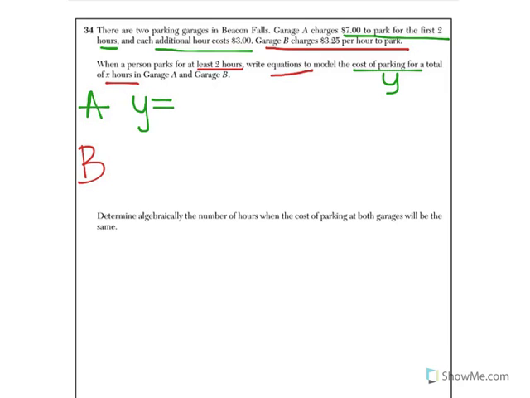So I'm going to start with y equals $7 no matter what, plus 3 needs to multiply x because it's each additional hour, but what I have to do here is take away the first 2 hours because I don't want to charge twice since I'm already charging the $7 for the first 2 hours, and that's why I have to subtract 2 from the total amount of hours.